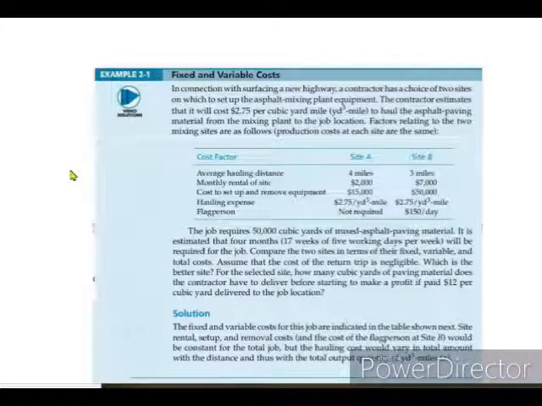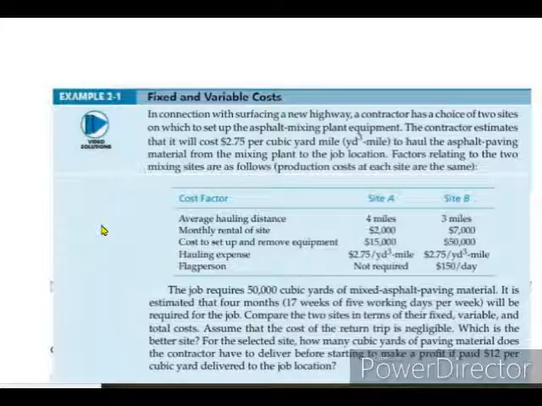Next, example 2-1, fixed and variable cost. In connection with surfacing a new highway, a contractor has a choice of two sites on which to set up the asphalt mixing plant equipment.